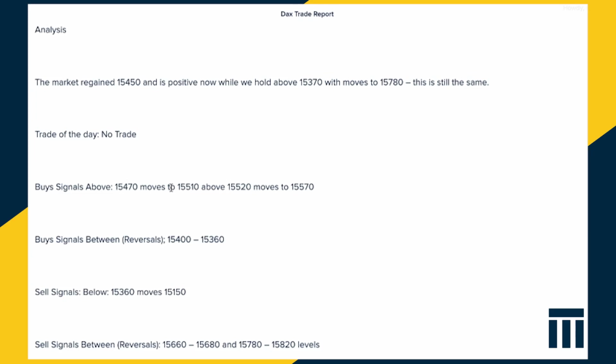So giving you very, very clear levels of where to buy above and also where the market's going to go. Today we're going to focus on this one here where we're looking for reversal signals from 15,400 to 15,360. We actually teach you exactly how to identify a reversal and also use the Magnetic Trading Assistant.